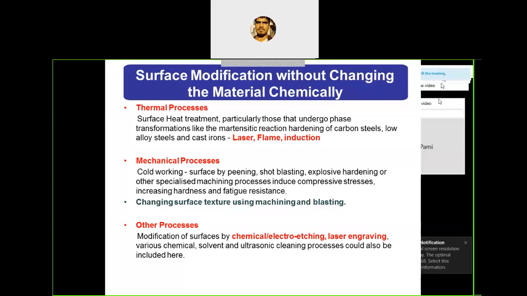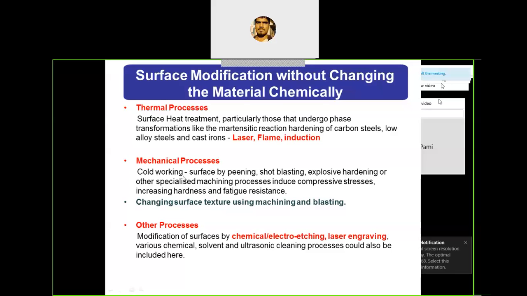So by using machining and blasting, we can change the surface structure. By blasting or machining, we can increase the temperature, and the temperature on the surface will change the texture.